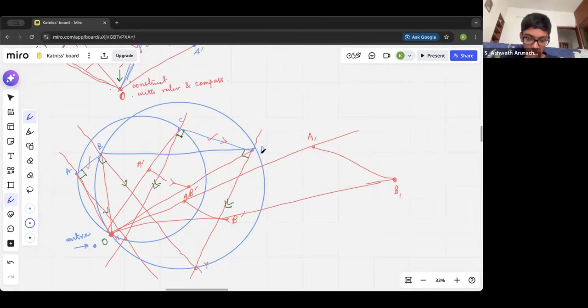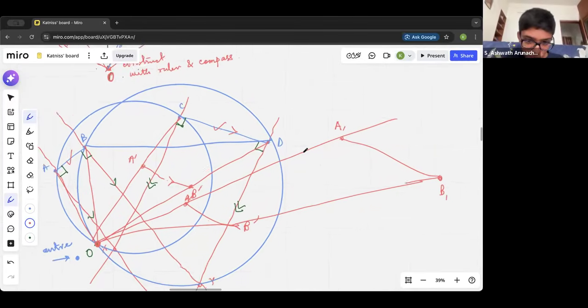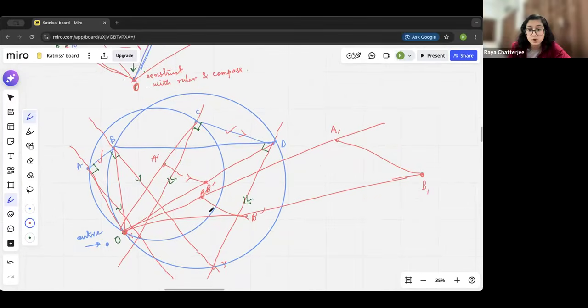But BOD and BOB1 are not equal, so it does not remain constant. Those are the corresponding angles, the angle between BO and where BO maps to, which here is B1O. But angle B1OB and DOB are not equal. So the angles do not remain constant if you are taking a spiral similarity from this segment to another segment.